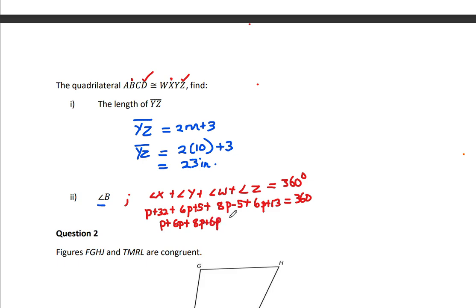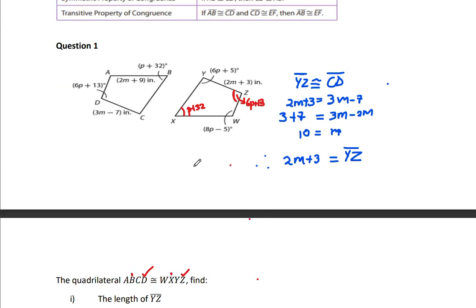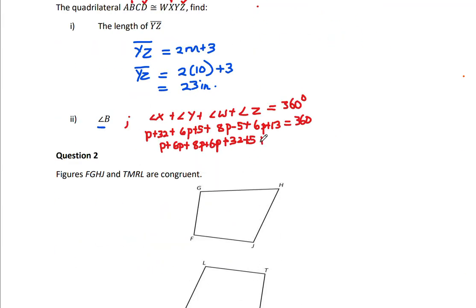Then we're going to group the numbers together, which are 32, there's also 5, there's 13 here, and there's also a negative 5 here. I just chose to put the positives first for ease of calculation, and all of this should work out to a value of 360.